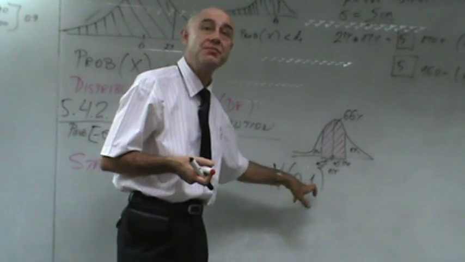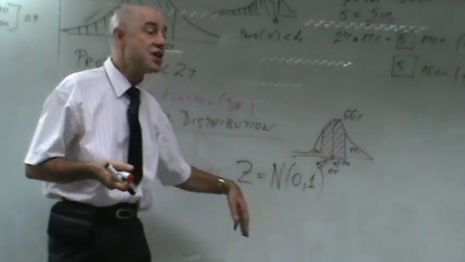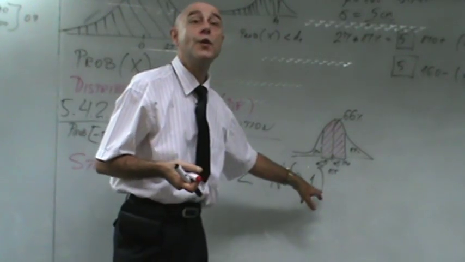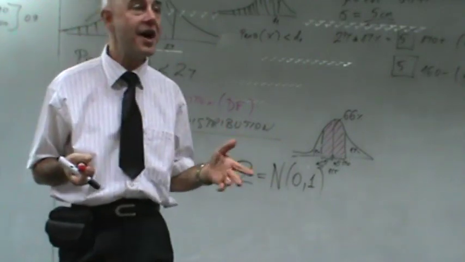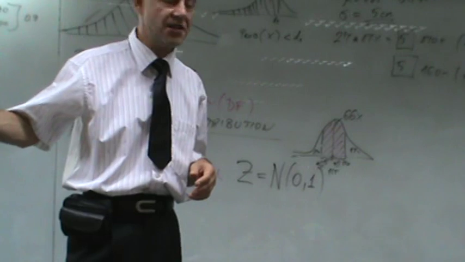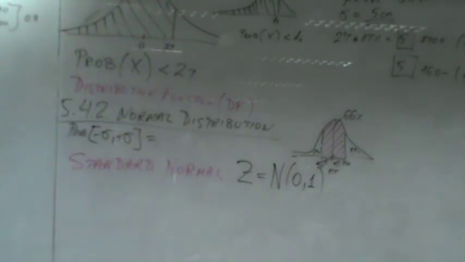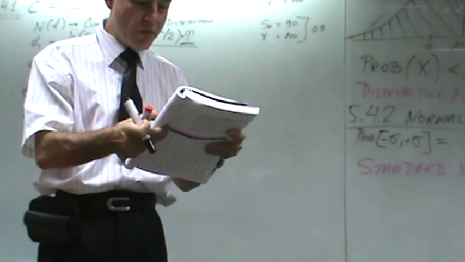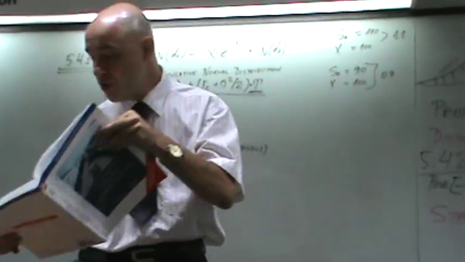When you do that, you get a 0, 1 distribution, and it's very easy to see the probabilities. The probabilities are a simple table, standard normal probabilities. So now we need to see how to normalize.